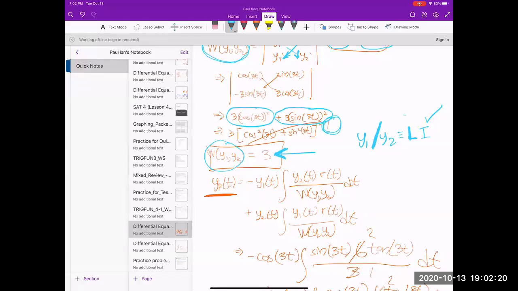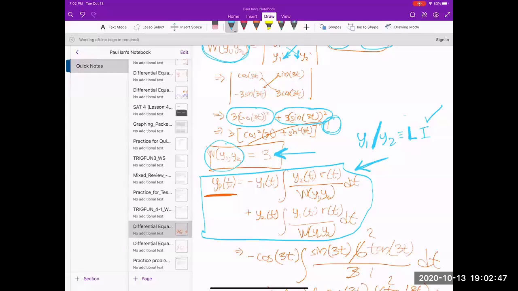Now you need to apply the equation for yp. You probably have to memorize this. yp equals this thing for variation of parameters.